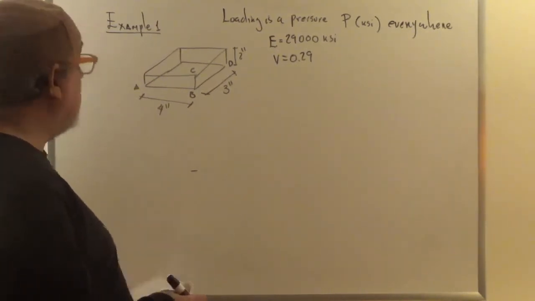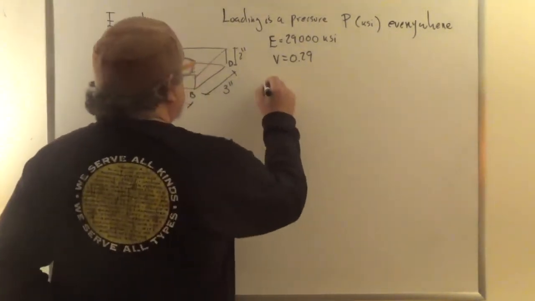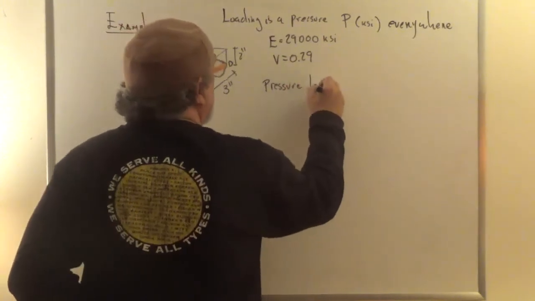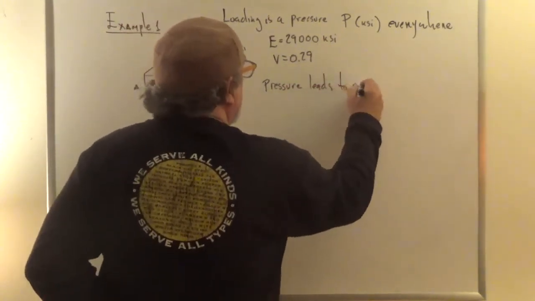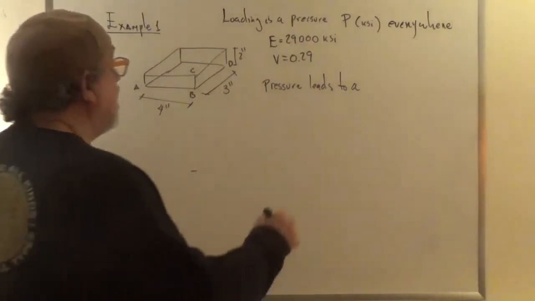And then it is found that that compression, that pressure, produces a reduction on the size AB by 1.2 times 10 to the minus 3.